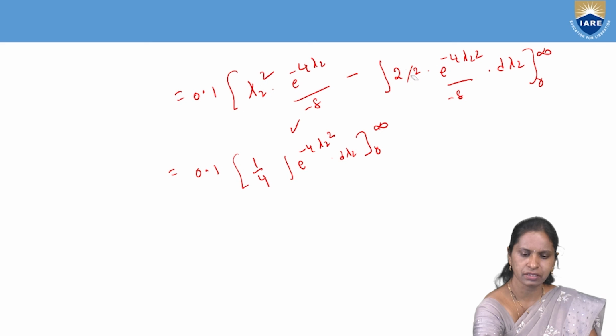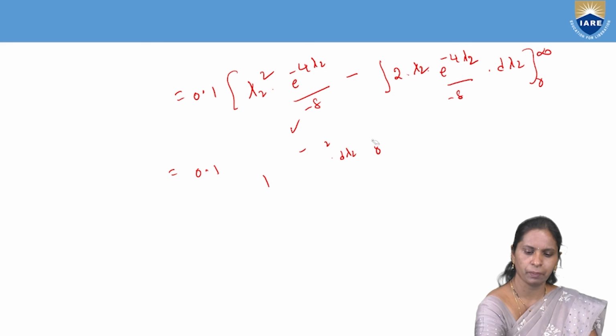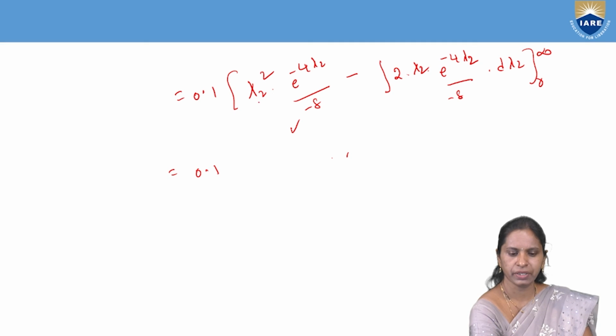Then we can write this as lambda 2 into e power minus 4 lambda 2 square. Then what can you obtain here? If you substitute the upper and lower limits, the first term becomes 0, since infinity square into e power minus infinity is 0.